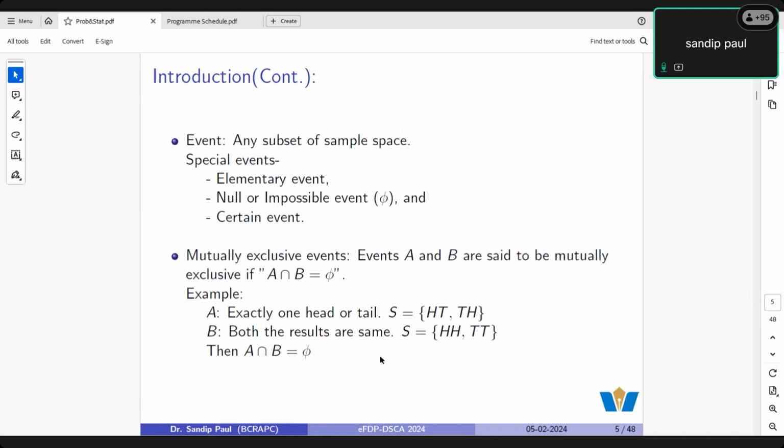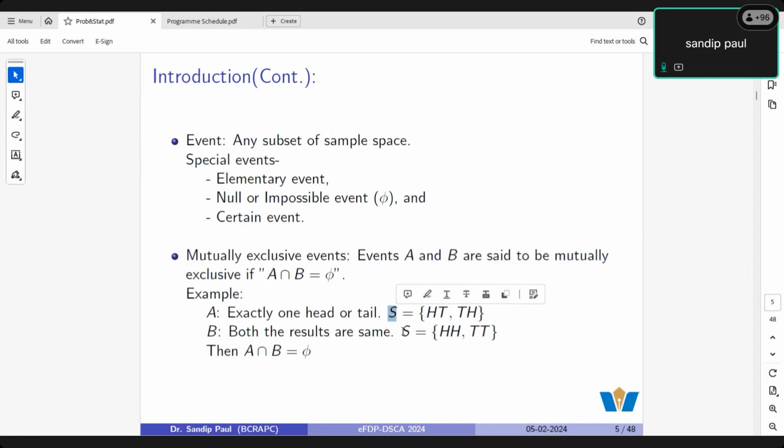Now, whenever we consider different types of events, we always want to know, are they related? That means if A and B are events, can you say they are disjoint or not? If they have no common outcome, then we'll say they are disjoint. For example, if we consider the tossing of two coins, here I have made a mistake.